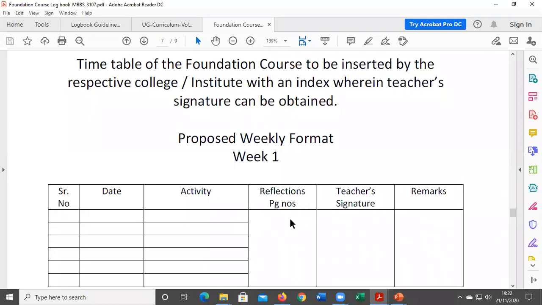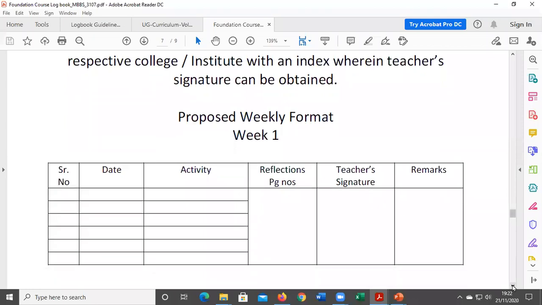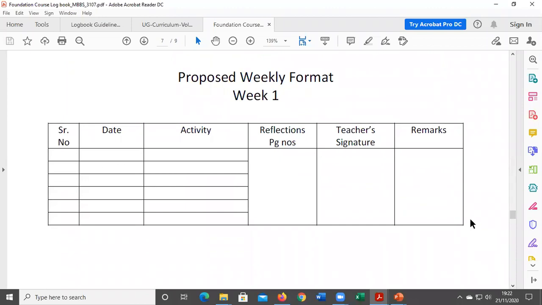Pages were added to this, and the students had the freedom of writing the page numbers where they wrote their reflections, and then submitting it to the teachers for assessment. The teachers used to sign here and give remarks. The remarks would be in the form of grades. We discussed this in the reflection session on Tuesday.